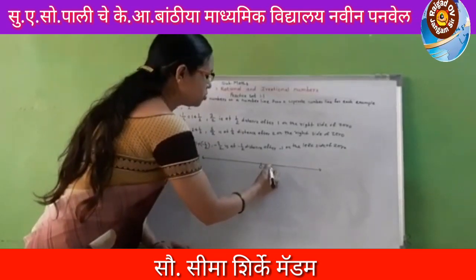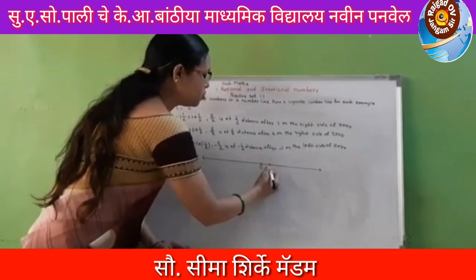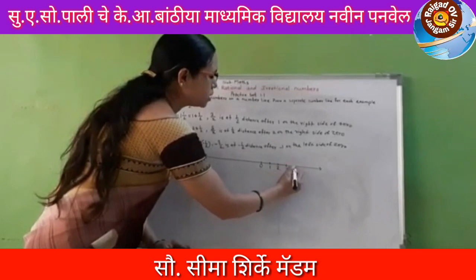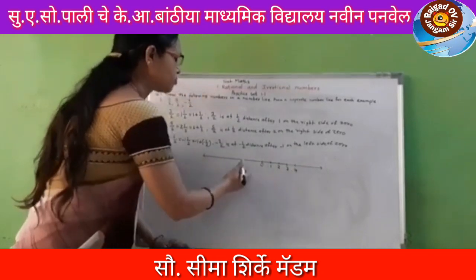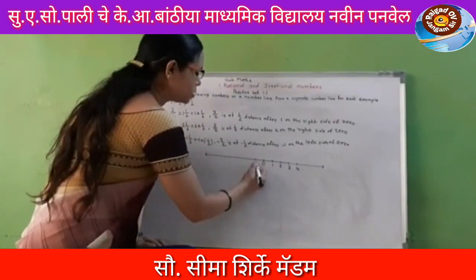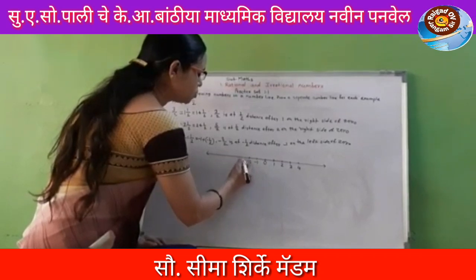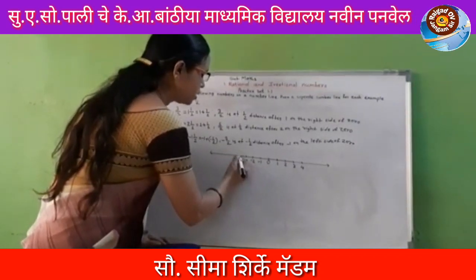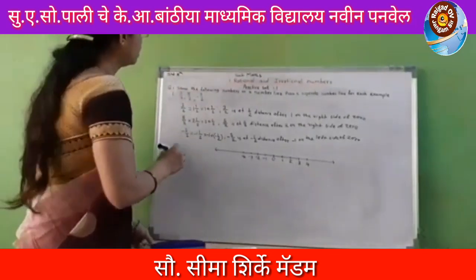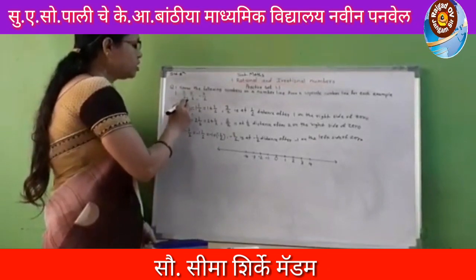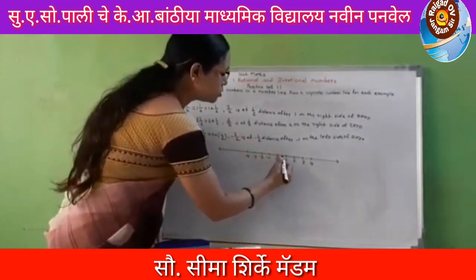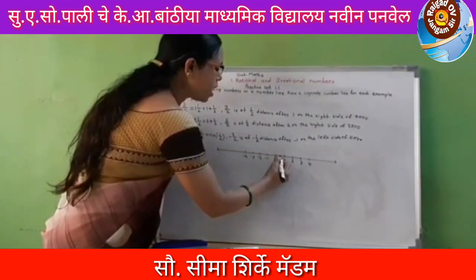Plot positive numbers on the right side of 0: 1, 2, 3, 4. Plot negative numbers on the left side of 0: -1, -2, -3, -4. The denominator of given number is 2, so we divide each unit distance into 2 equal parts.